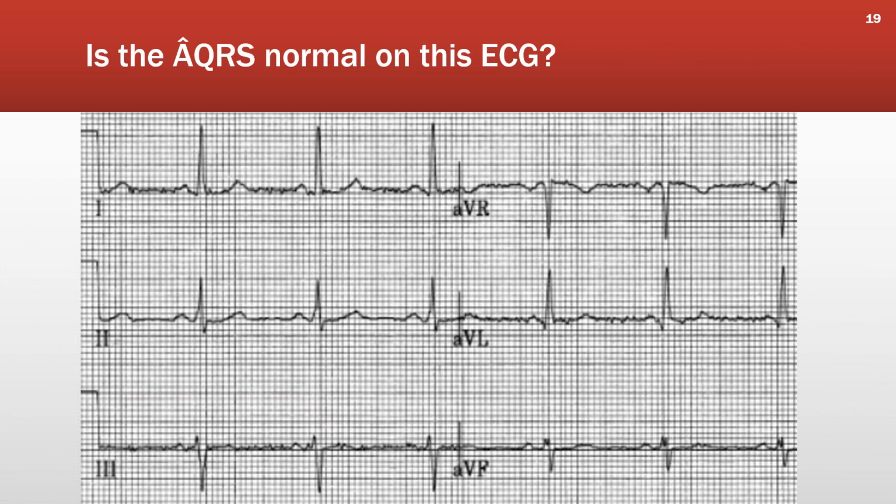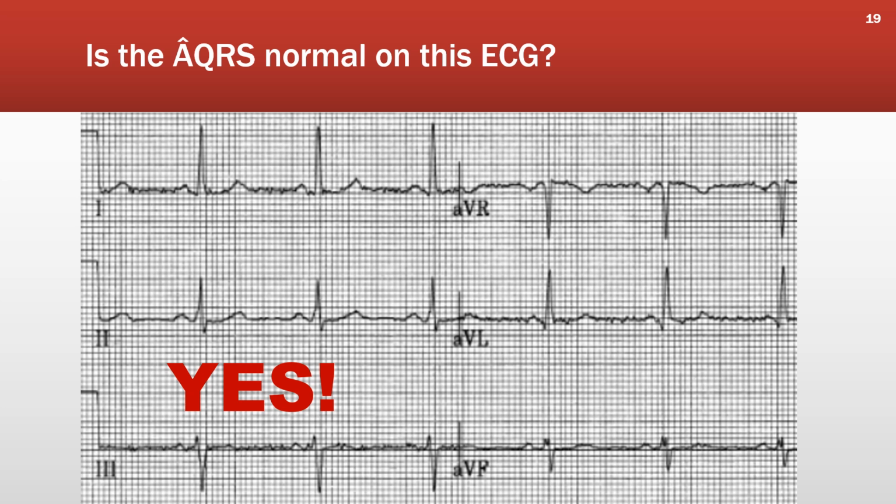Here's the question. Is the mean QRS axis in the frontal plane normal on this ECG? Pause the video for a few moments to study this, and then when you start it back up, we'll discuss it further. The answer is yes. The mean QRS axis in the frontal plane on this ECG is perfectly normal.